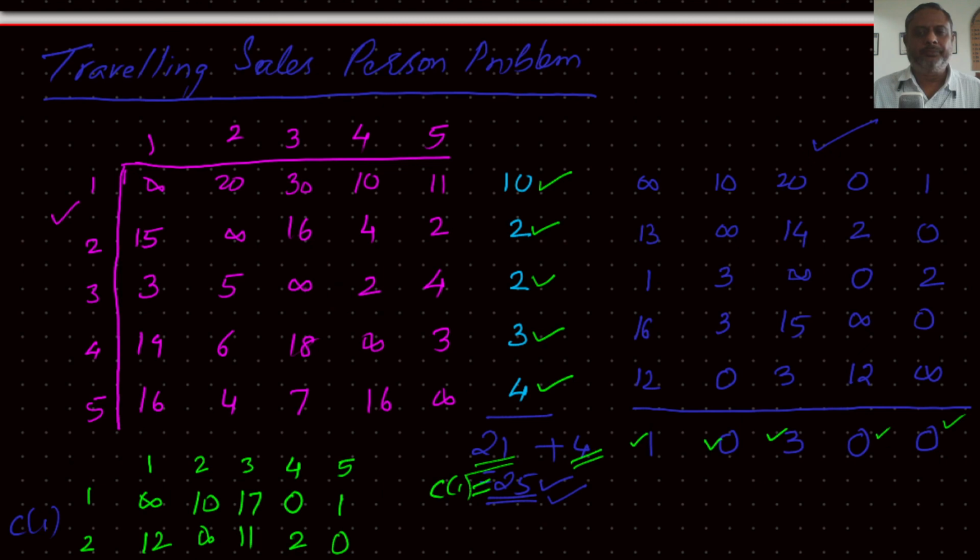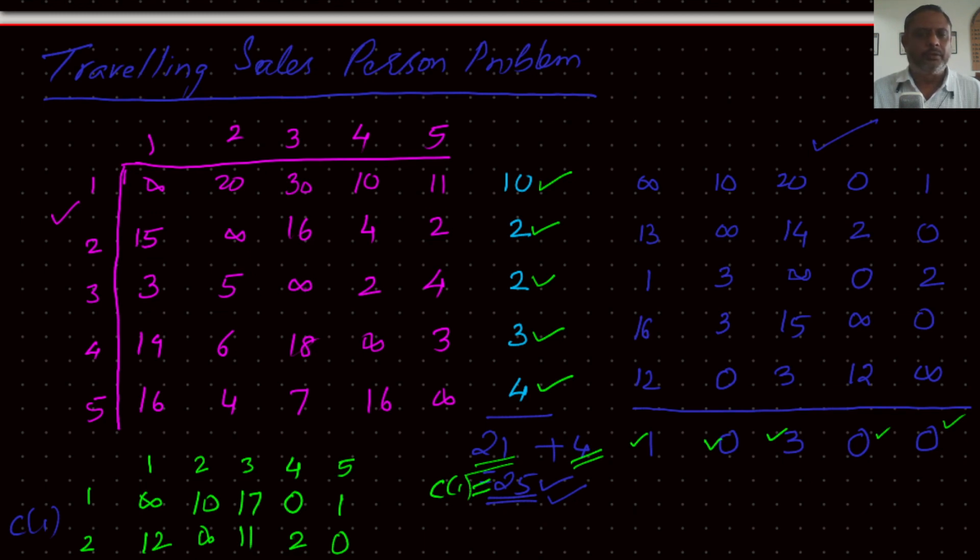Take this out so that it becomes easier for us to look at our final solution and compare with the correct one. So 1 to 4, what is it? 1 to 4 is 10. So look from the original one. 1 to 4 is 10.